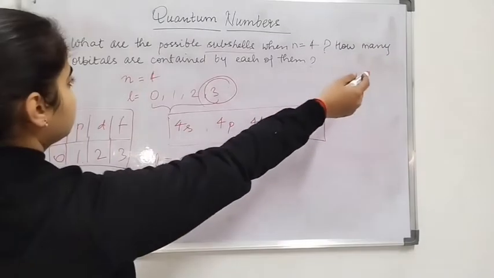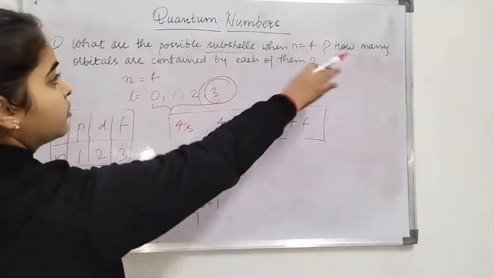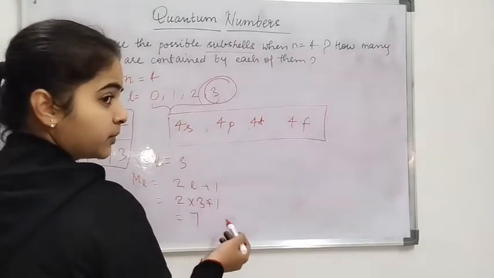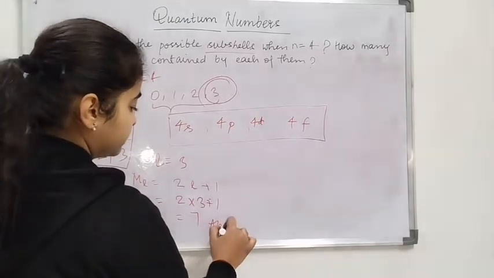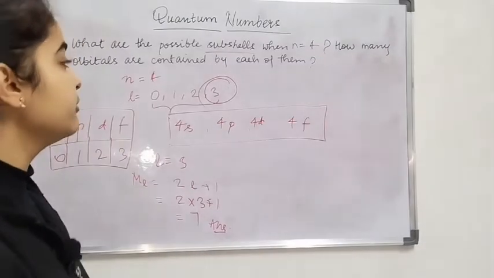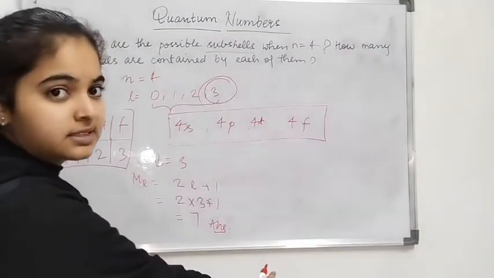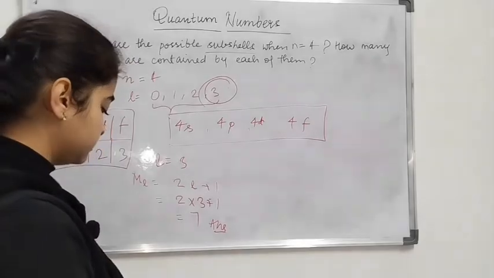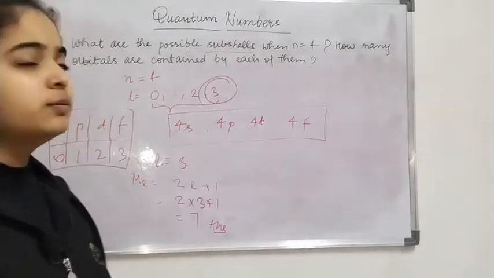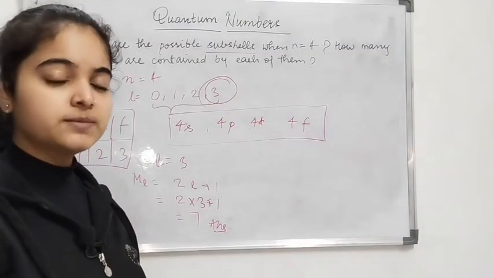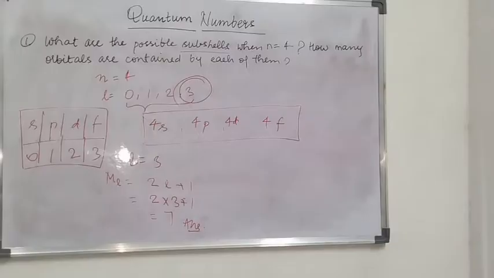We were asked only about the number of orbitals, so the number of orbitals is 7. Further, if we were asked about the number of electrons, then we would multiply this number by 2. So I hope now you can solve all the problems related to quantum numbers.